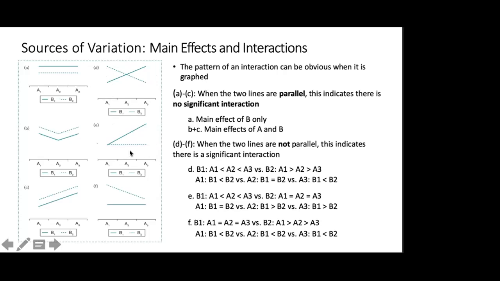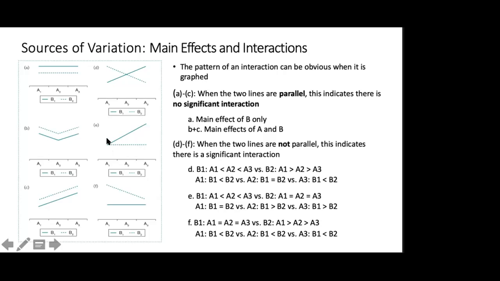For example, if you're interested in the main effect of B, we see that on average, if we average across all levels of A, B1 is a bit higher than B2. So that would probably give us a main effect. But we can see that actually B2 and B1 differ only for A2 and A3, whereas there's no difference for A1. So we have to take that into account, right?